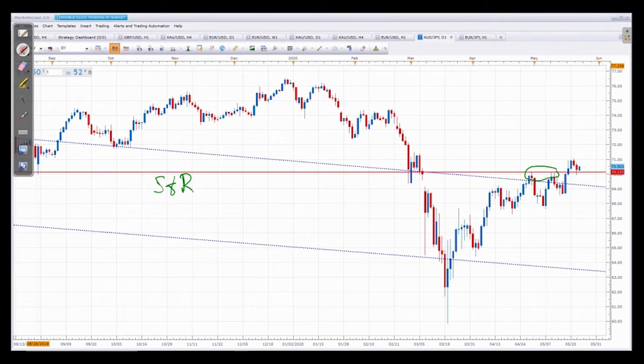Now, this is a daily candle, the same chart, Australian dollar against yen, AUD against the JPY. These four shadows, three shadows here and the fourth one, are telling me that this price, which is 70.13 on Australian dollar against yen, is quite a strong hold.